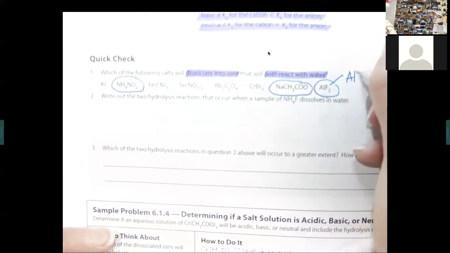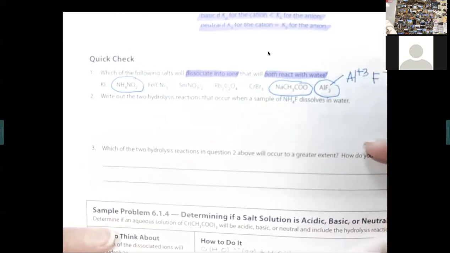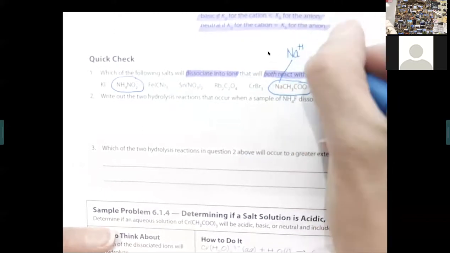In each of these compounds, I'm showing you what the ions are individually. This is actually C2H3O2, which you're a little more familiar with. This is NH4+1, NO2-1. And for instance, here, the Ka of NH4 is 5.6 times 10 to the negative 10th.